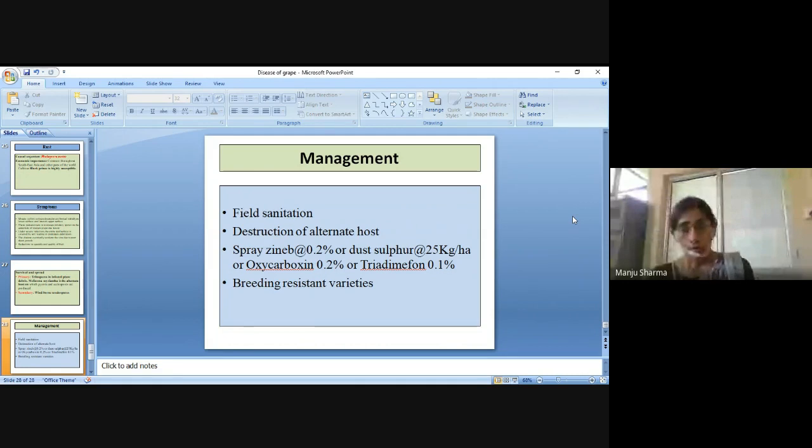So not only this crop, any crop which we are going to cultivate, in that case firstly we have to clear the field, clean the field, or do sanitation of the field. It is the most important thing, and you can write this point in all types of disease management.